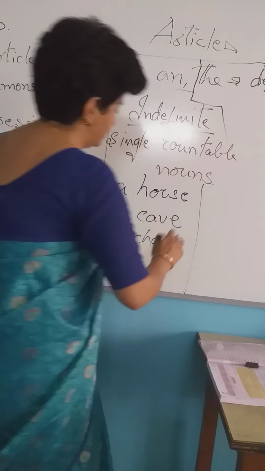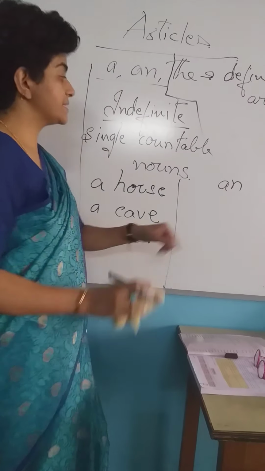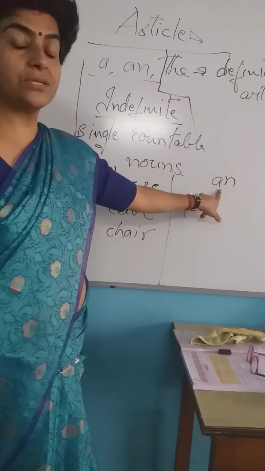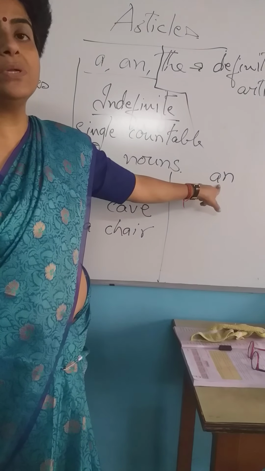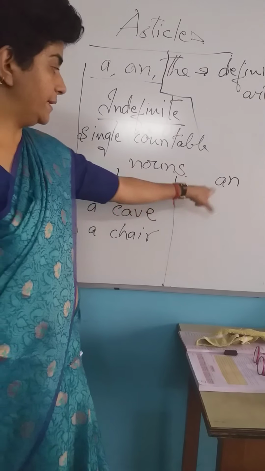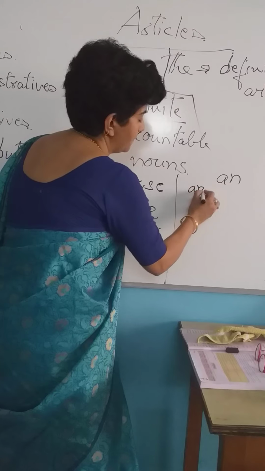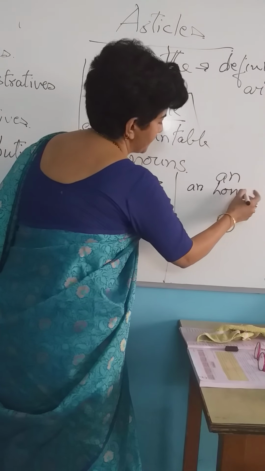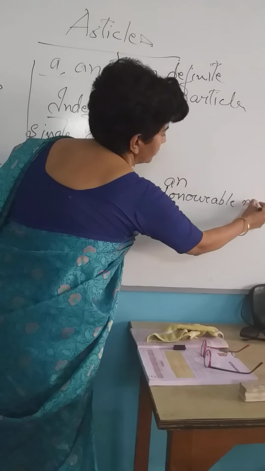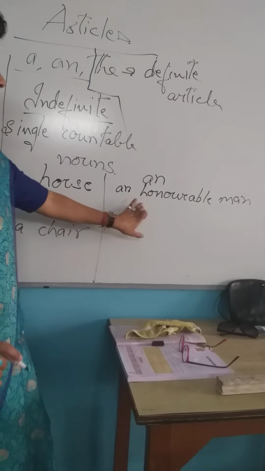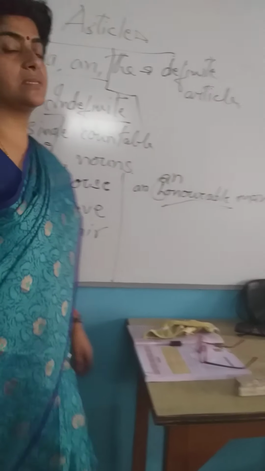I'll divide it here. Here comes an. As I said, an is used with a vowel or a vowel sound. It was a horse here, but it is an honorable man. Why? Because when we pronounce honorable, H is silent.